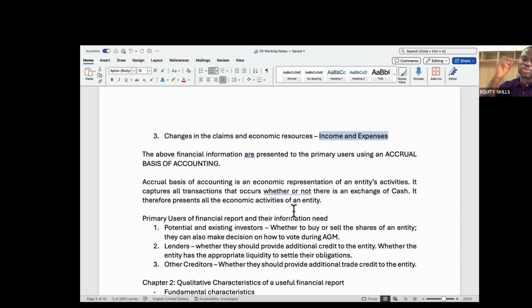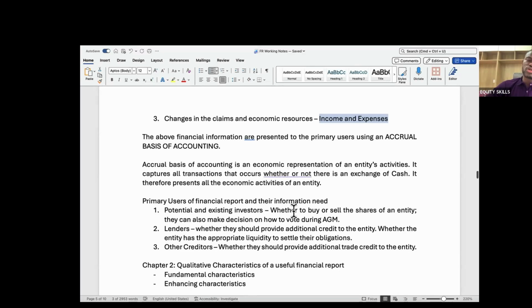Make sure you capture all transactions. By doing so, we are going to be presenting information about all the economic activities of an entity. We will not omit anything. By the time you're capturing all transactions, you're not just focusing on cash, all of it. As soon as the transaction occurs, document it, capture it. That's accrual basis. You capture an economic representation of an entity's activities.